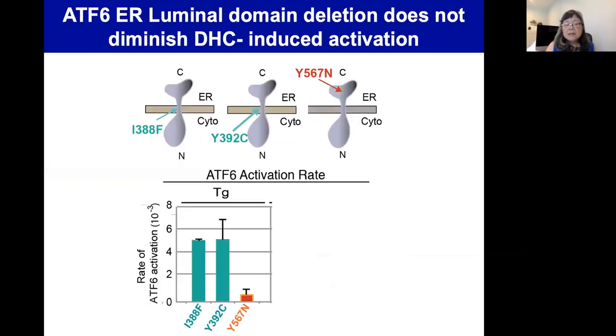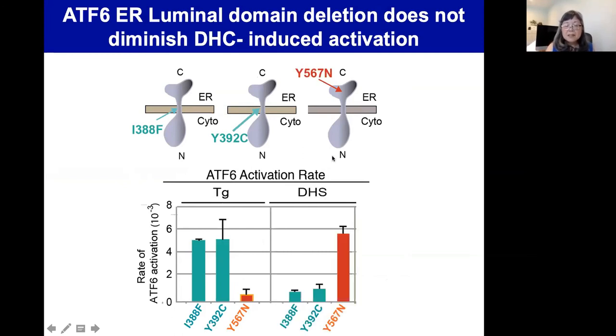So it appears that there are two independent ways of receiving signal. One is through the transmembrane domain. With these mutants, you can still activate by luminal stress, but a luminal mutation will abolish the ability to activate this protein. In contrast, mutations within the binding motif will diminish the ability of ATF6 to be activated.